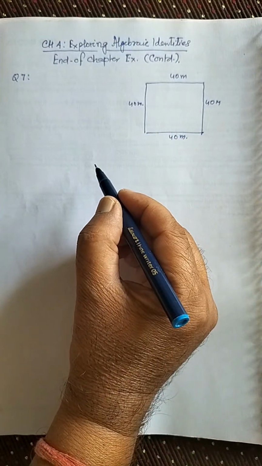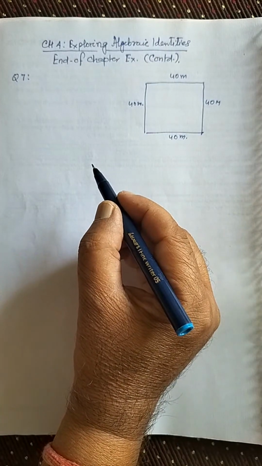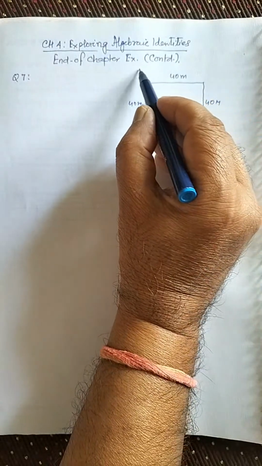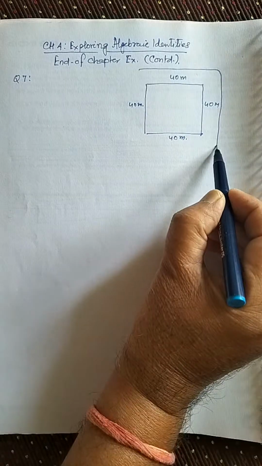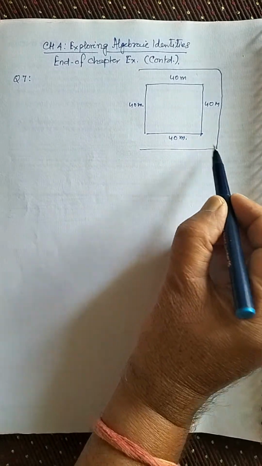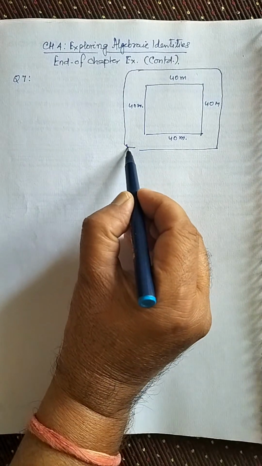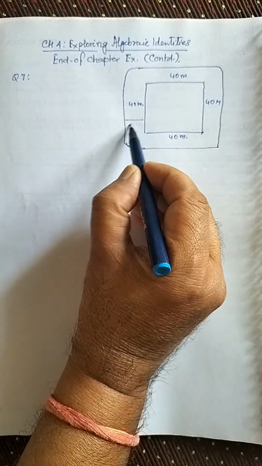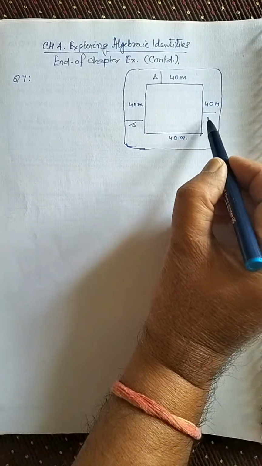A path of width s meters is created around the playground. The width of the path is s meters, throughout it is s.